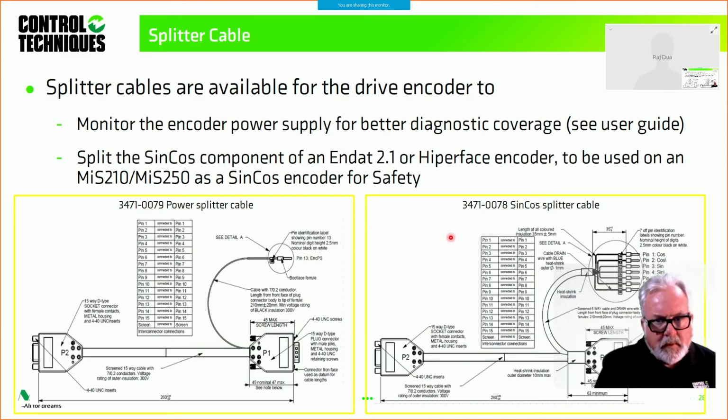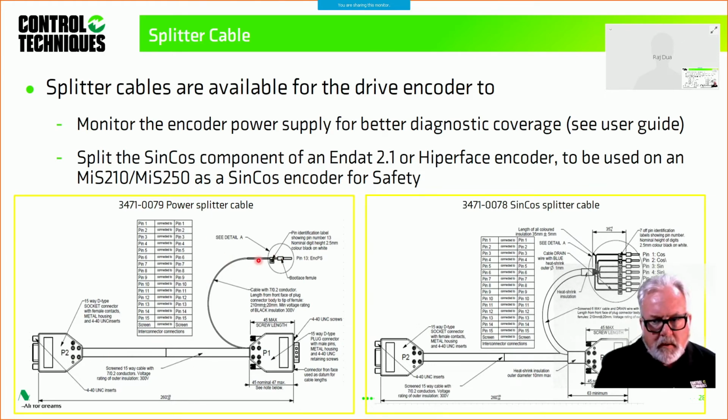Now splitter cables are also available for the drive encoder. So what you're able to do is use one of these splitter cables here, and then here's this one with a single pin. What that's there for is to monitor the encoder power supply, right? So you want to check to ensure the integrity of the encoder power supply. There are 2 different versions of this splitter cable.